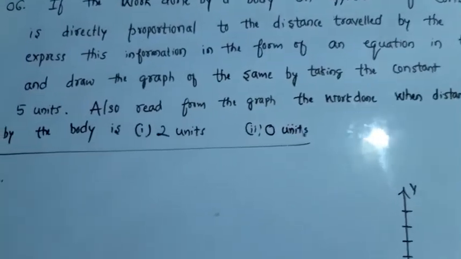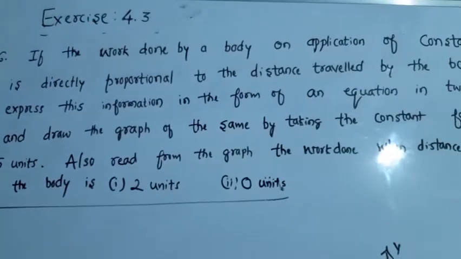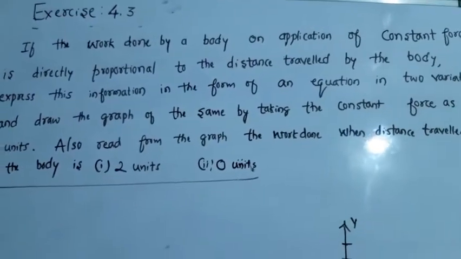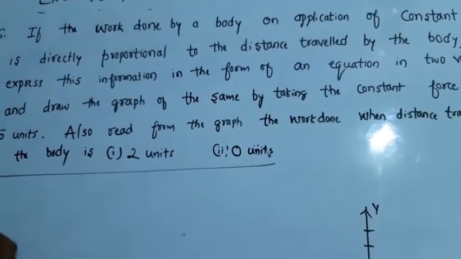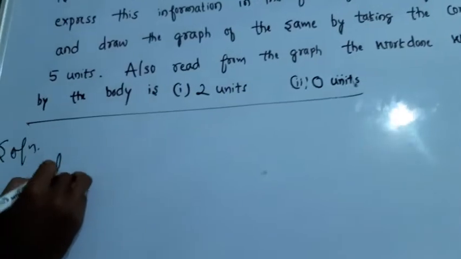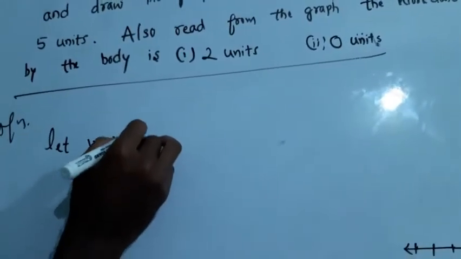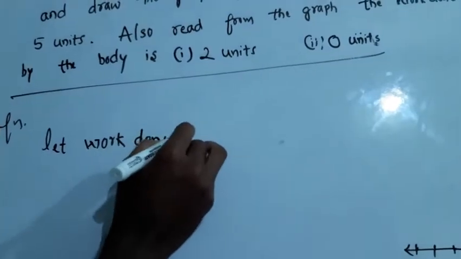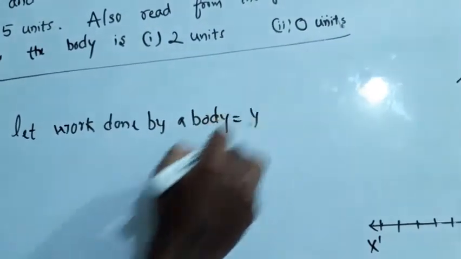Now see, I'll read the question for you. If the work done by a body on application of constant force is directly proportional to the distance traveled by the body. First, let the work done by the body be y.